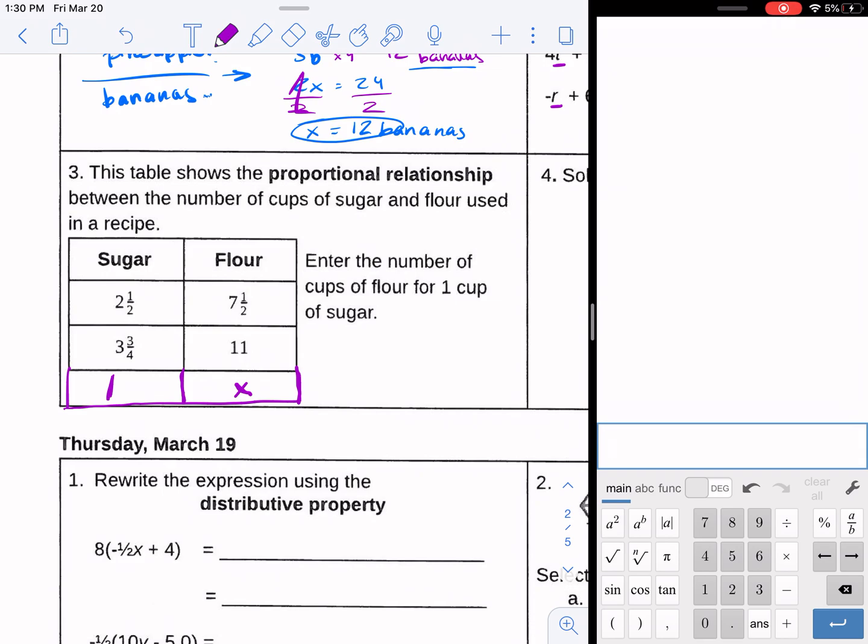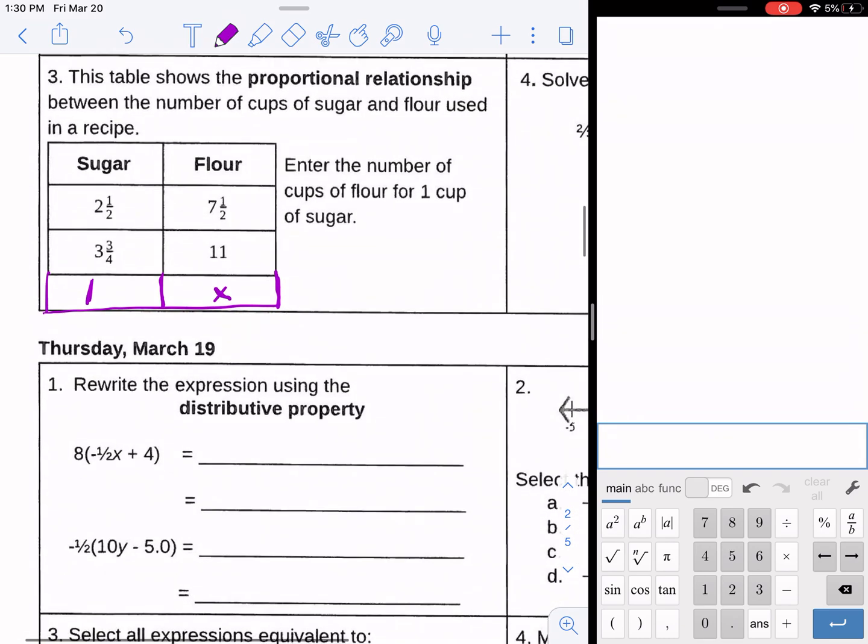So how on earth do you do this? Well, if you know that it's sugar for flour, it doesn't really matter which way I do it. I'm going to do 2 1/2 cups of sugar, and that gives me 7 1/2 cups of flour, and that's going to equal, well, equal what?